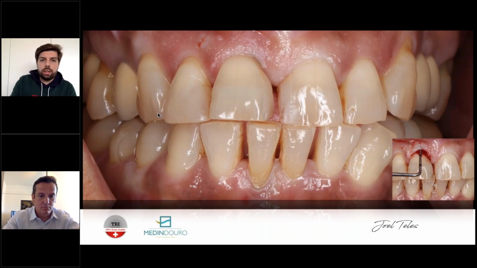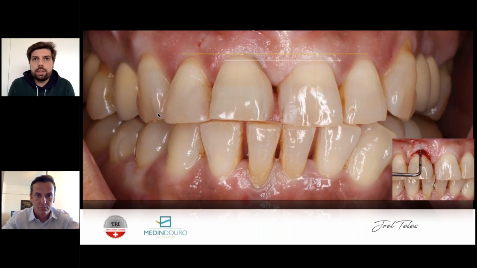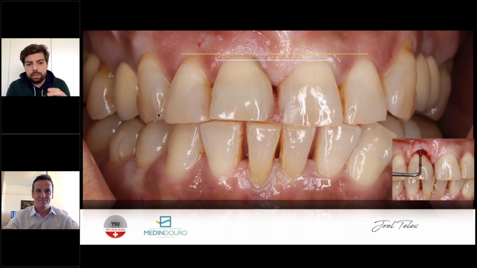So this was a central incisor with partial loss of the buccal bone again. You can see here that this is class 3 on the classification that I first showed you, because you have bone loss and tissue loss, but the distance of tissue loss is not very long.